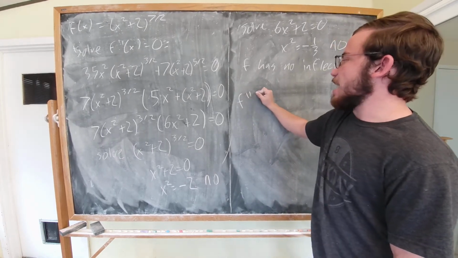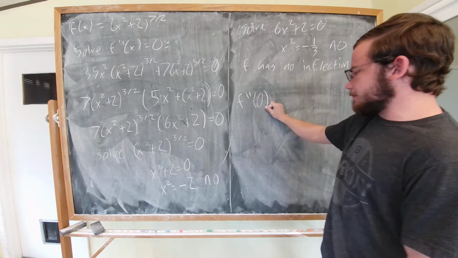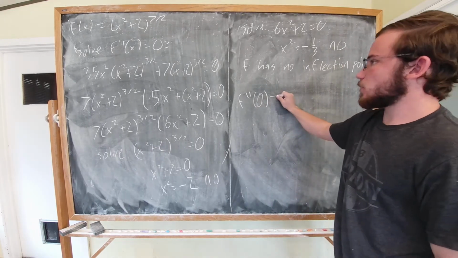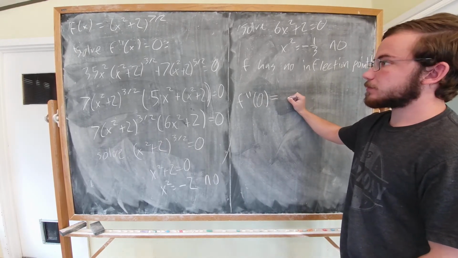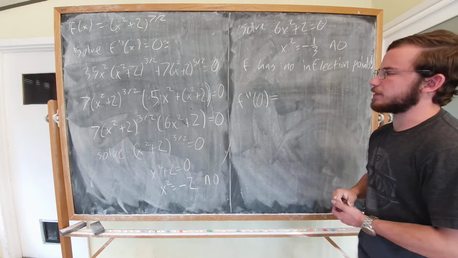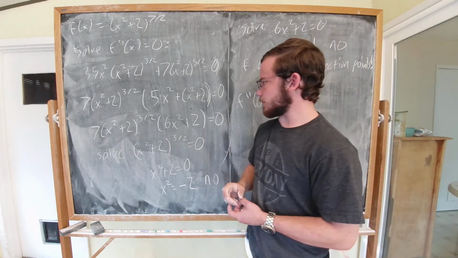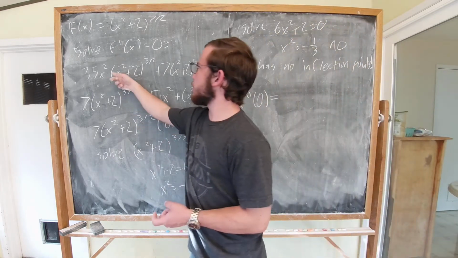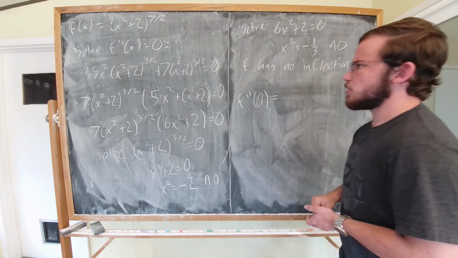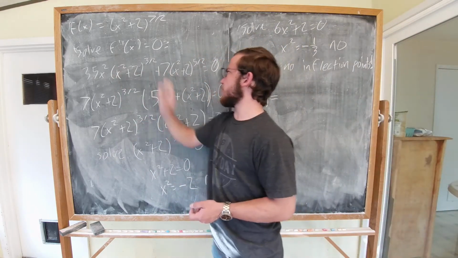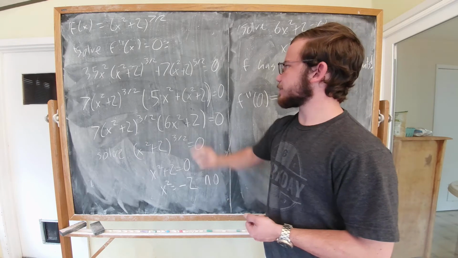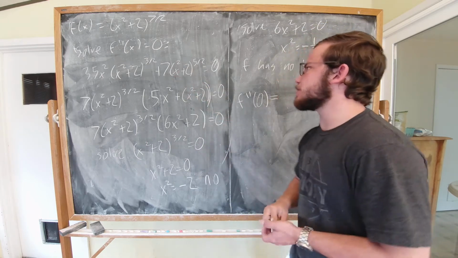Let's note that f double prime of 0 will equal, let's see here. Plugging in to our function, we get 0 plus 7 times 2 to the 5/2.